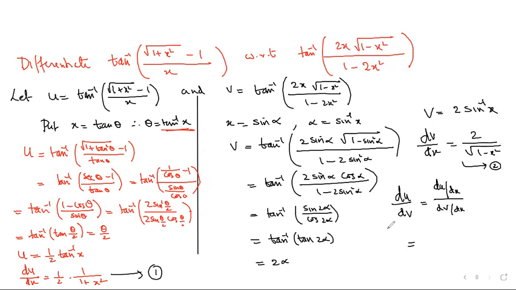So du by dx is 1 upon 2 into 1 plus x square, dv by dx is 2 upon root 1 minus x square. So the final answer is root 1 minus x square upon 4 times 1 plus x square.